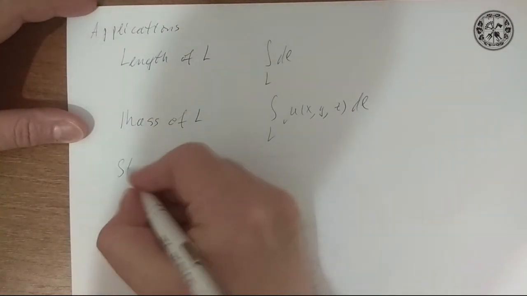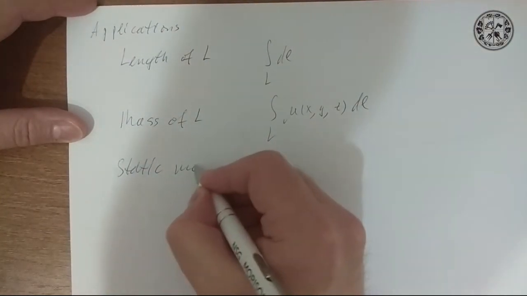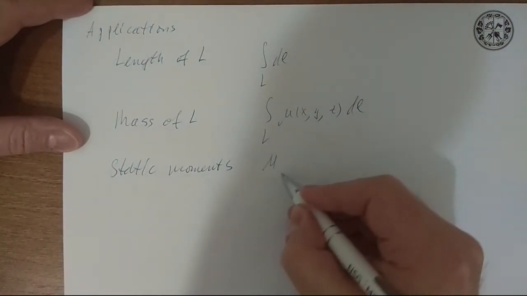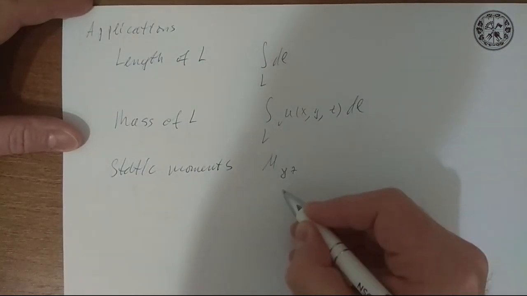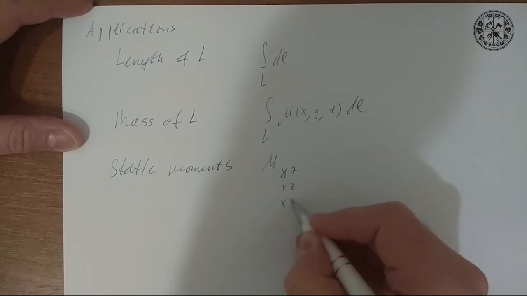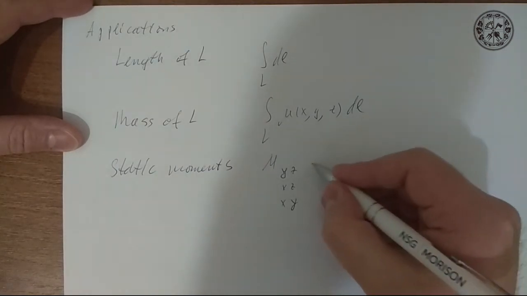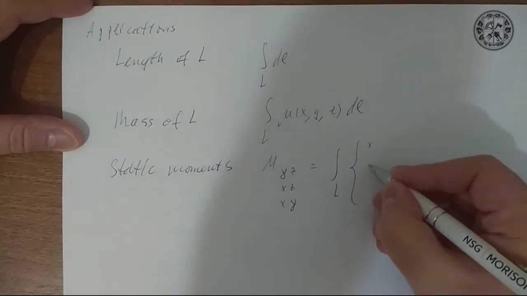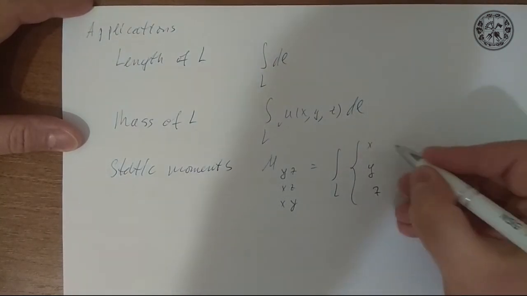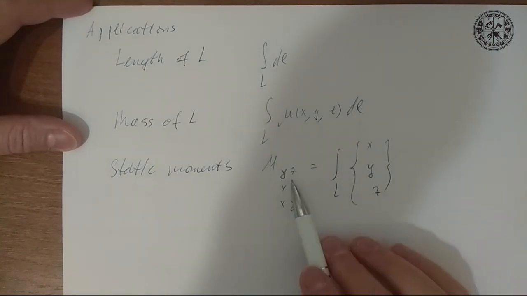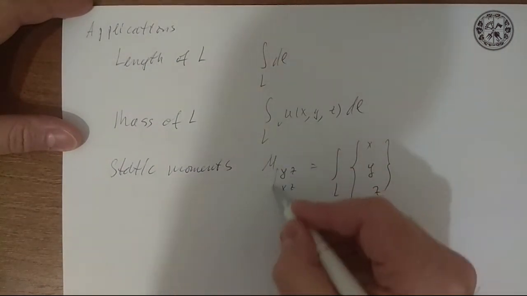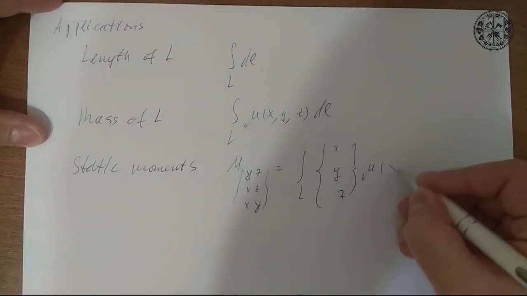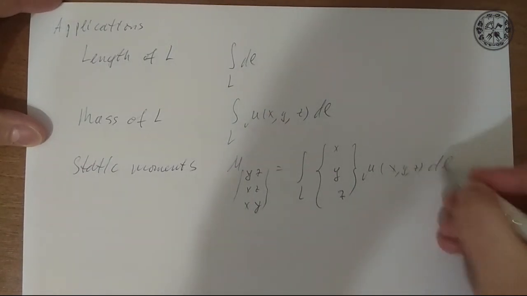Static moments, m by yz or by xz or by xy accordingly, will be integral over L. Here we put x or y or z, the variable that is not included in the plane name, and multiply by mu of x, y, z, dl.